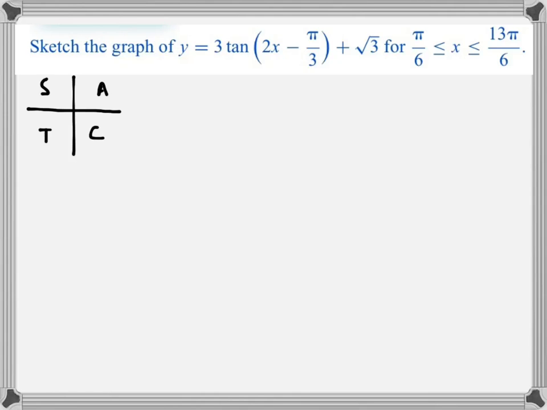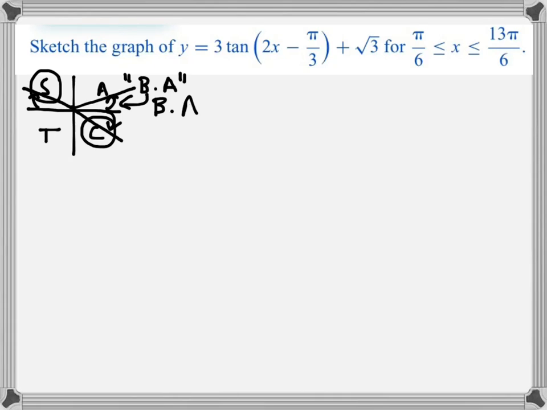Here it comes, our CAST diagram. Which quadrants do we need? Our basic angle and our two negative quadrants for tan are now shown. The basic angle in quadrant 1 is pi on 6. You got it right, well done.